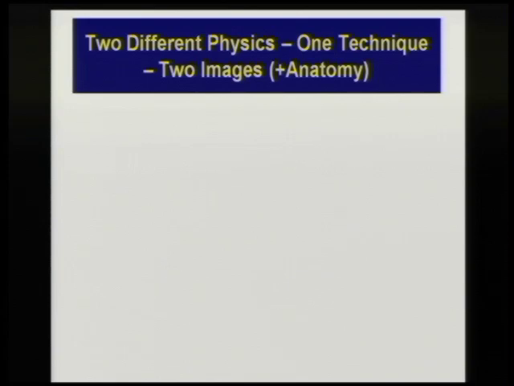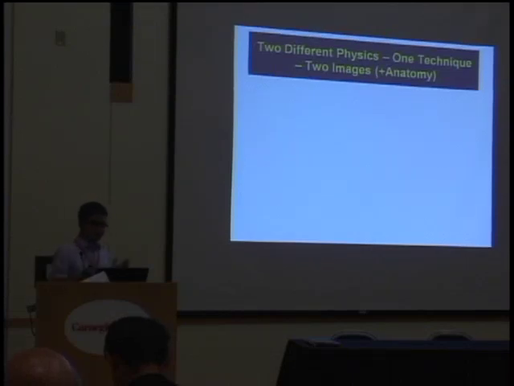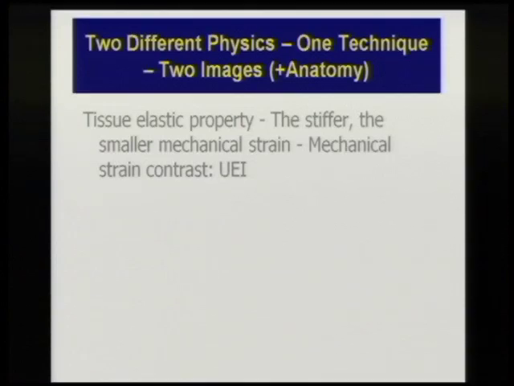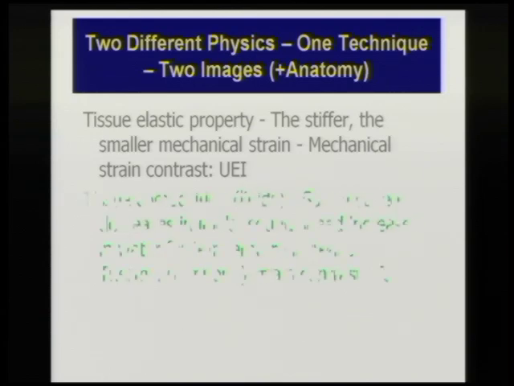The underlying physics for combining ultrasound elastic imaging and thermal strain imaging involves two different physics, and we use one technique to get two images plus a co-registered anatomy image. For tissue elastic property, the stiffer the tissue, the smaller the mechanical strain it will generate, and we address this using ultrasound elastic imaging.